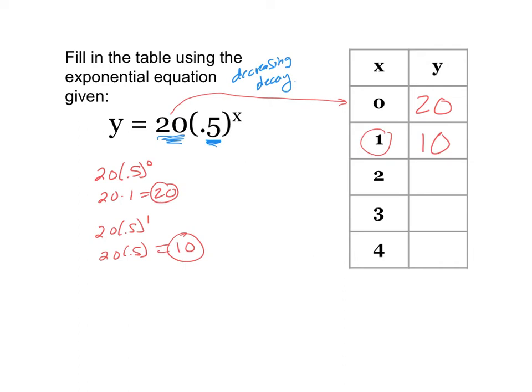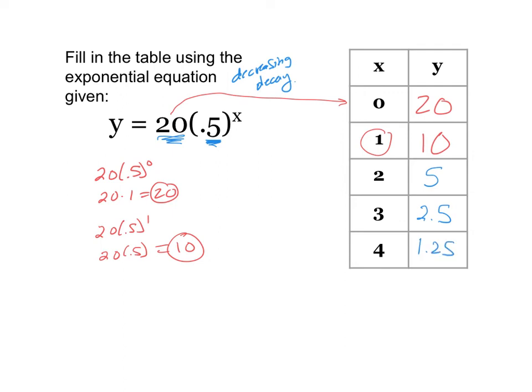Okay, so if you remember from our geometric sequences, when the multiplier is 0.5, it means that we are cutting our value in half every time we go up 1 unit. So you can probably imagine how to continue this pattern. It'd be 20 down to 10, and then 10 cut in half would be 5, 5 cut in half would be 2.5, 2.5 cut in half would be 1.25.